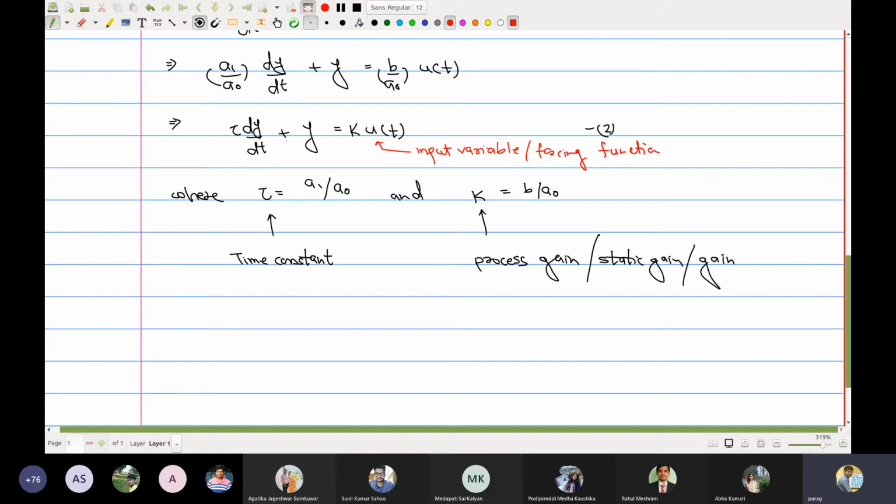And y, on the other hand, is called the output variable. Yeah, please make a note: it's the output variable. Now, the question is why these terms?